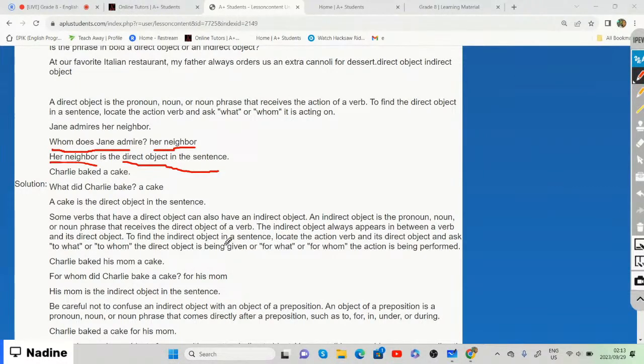And an indirect object always appears in between a verb and its direct object.